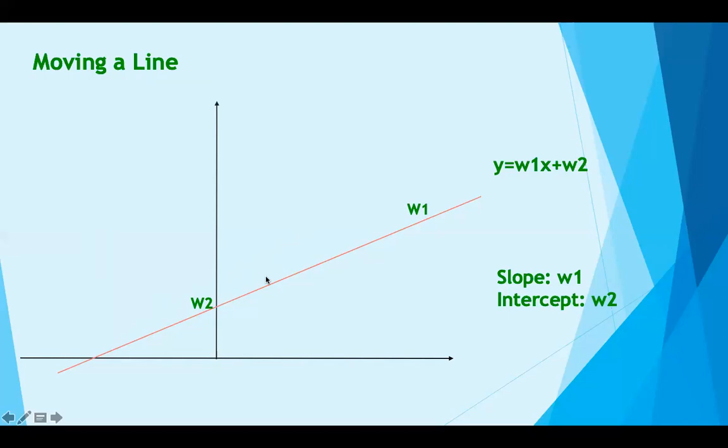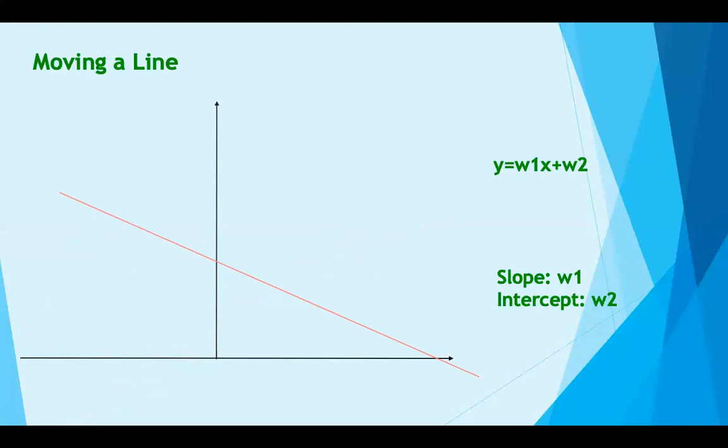So what happens if we increase w1? That means we are increasing the slope of the line, and the line will rotate like this. If we decrease the slope, the line will rotate like this.